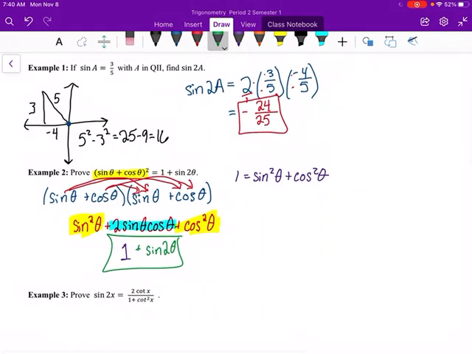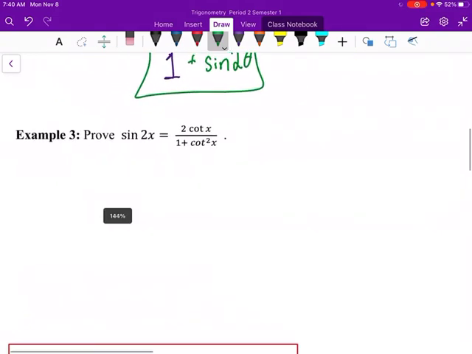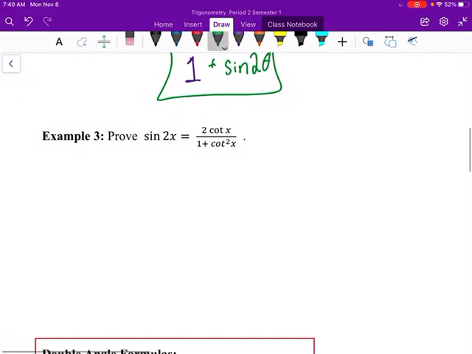Okay, our next one. We are going to prove that sine of 2x equals 2 cotangent of x all over 1 plus cotangent squared of x. For this one, you are going to want to choose which side you are going to work on, and then you are going to use your identities to simplify. I'm going to choose the right side because that one looks a little bit more complicated than the left.